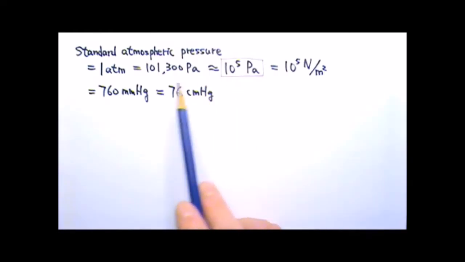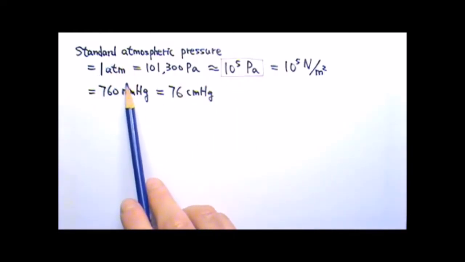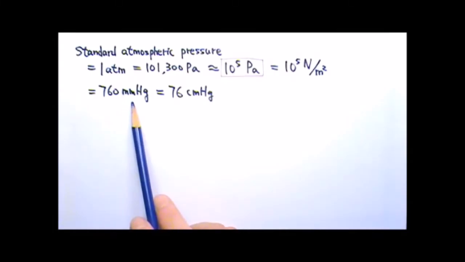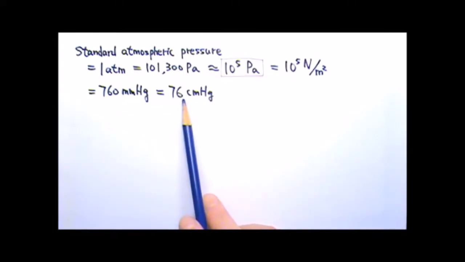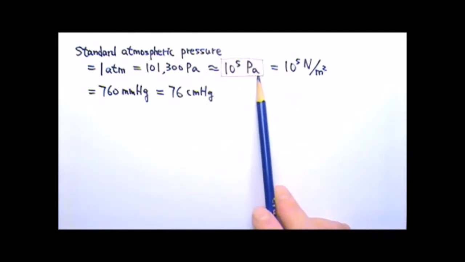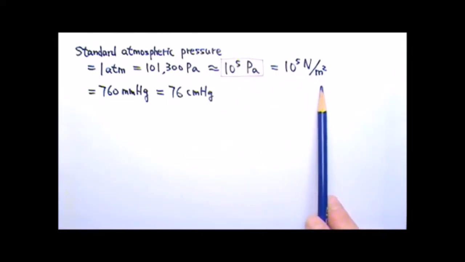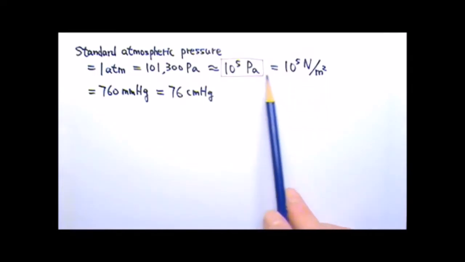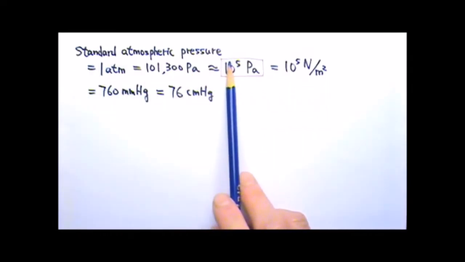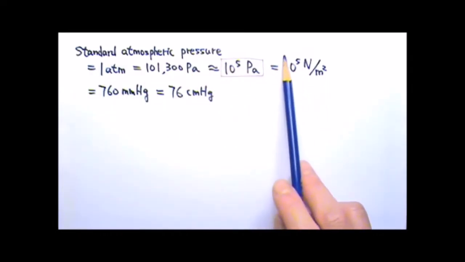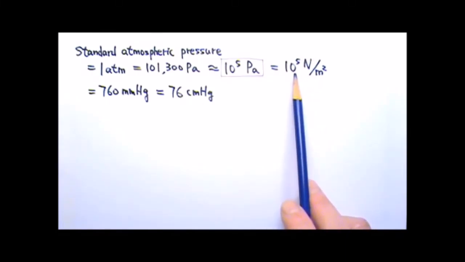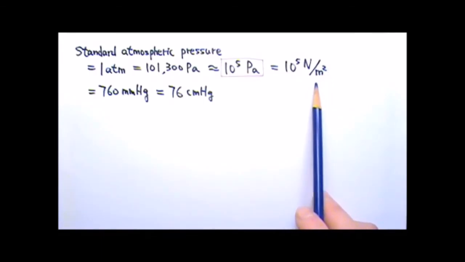You probably also know that 1 atmosphere is 760 millimeter mercury or 76 centimeter mercury. Since pascals is really newtons per meter squared, this means normal atmospheric pressure provides 10 to the 5th newtons, 100,000 newtons of force per meter square of area.